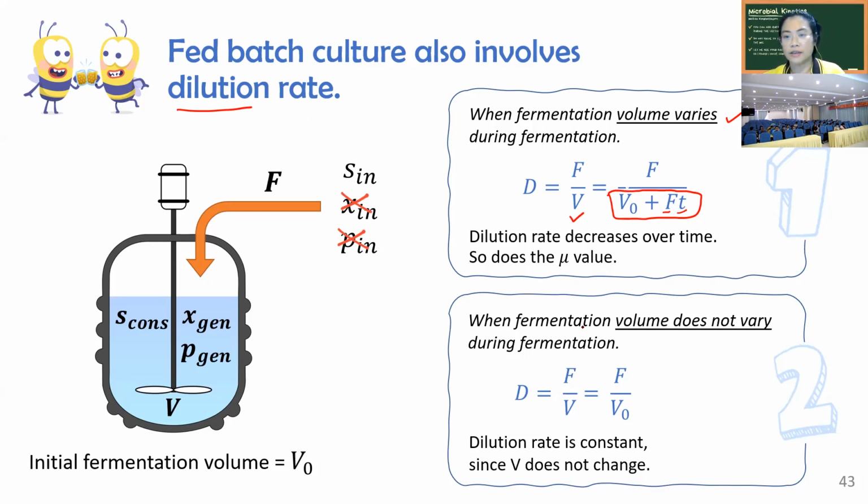But if the feeding doesn't change the volume, in the fourth case that I call the ideal case for the fed batch, the dilution rate is constant and can be calculated the same way as you do for the continuous culture.